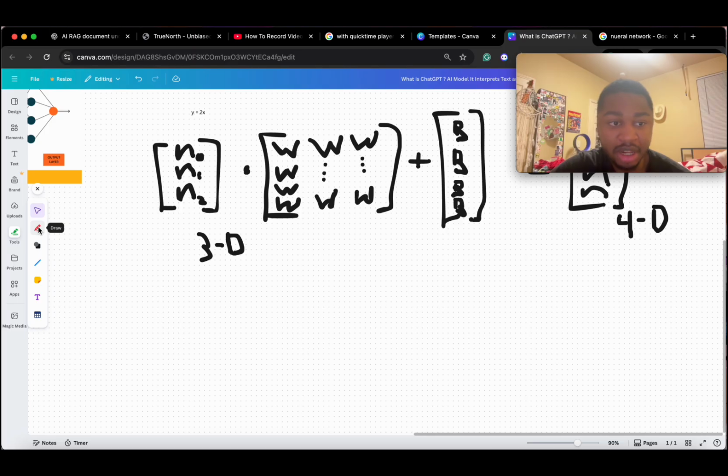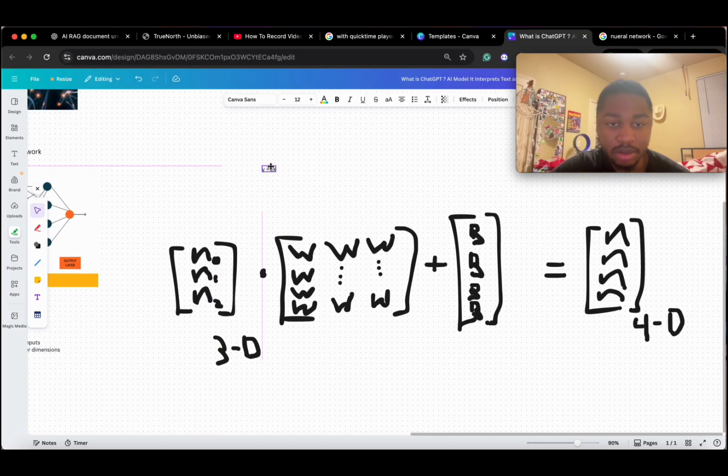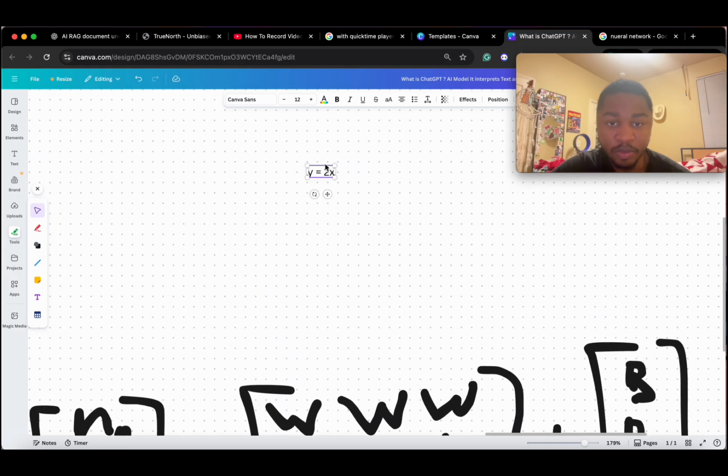A simpler way of understanding the bias is going back to middle school algebra: y equals mx plus b, right? What is the m? It controls the slope, by how much something changes. What is the b? It changes the y-intercept, where the starting point is.